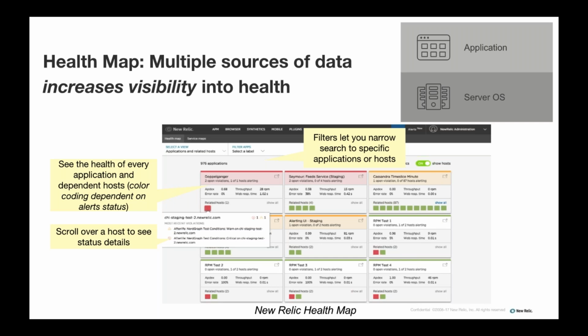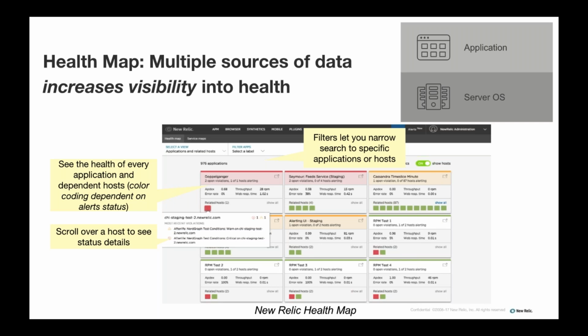Then earlier this year, we launched Health Maps, which is really the combination of how the applications are performing, as well as how the underlying infrastructure is performing, and it's bringing both worlds together into a single view.